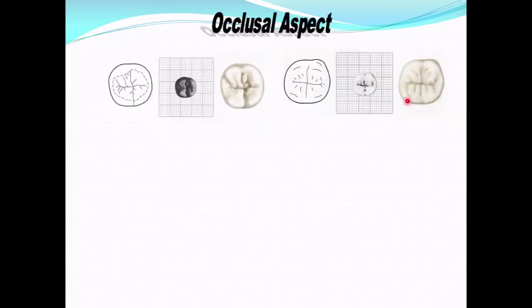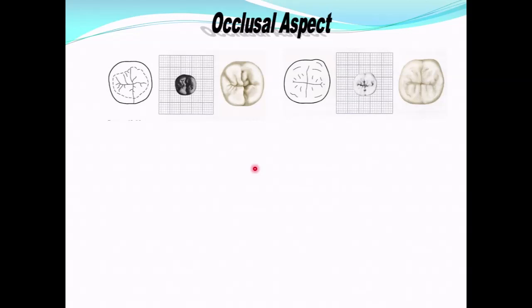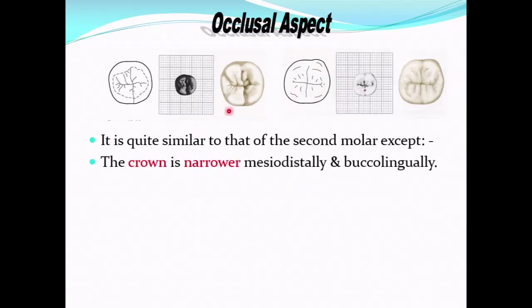Lastly, the occlusal aspect, and the differences. First of all, it's quite similar to the mandibular second molar, with some differences. The differences are, first, the crown is narrower mesiodistally and buccolingually.